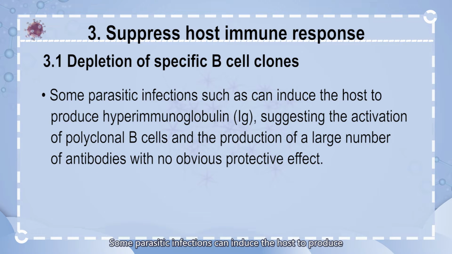The first aspect is the depletion of specific B-cell clones. Some parasitic infections can induce the host to produce hyperimmunoglobulin, suggesting the activation of polyclonal B cells and the production of a large number of antibodies with no obvious protective effect.